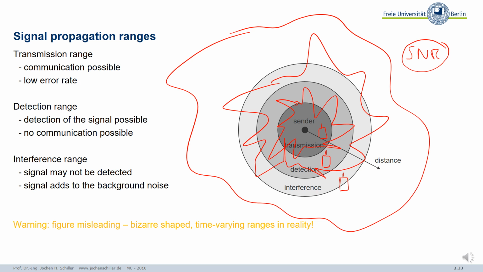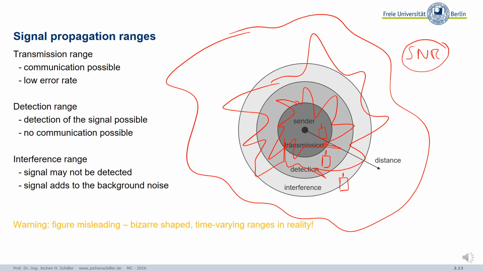And then we also have the problem that it's time varying. So this might be true in this second, and the next second it looks completely different because a huge truck is crossing the road. And then suddenly your signal breaks down because it's blocked by the truck. Or you drive your car and then you experience many problems with the signals because this picture changes.